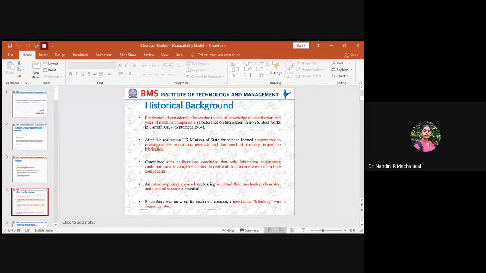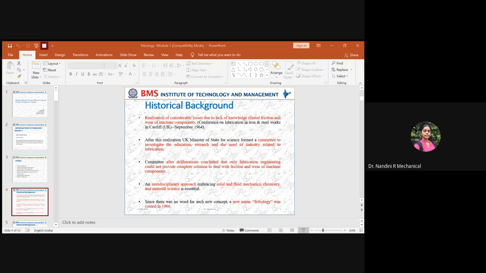What happens in the historical background, you should understand. Mainly, the origin of the historical background came into the picture in the era of 1964. They identified the losses that came from lack of knowledge related to friction and wear when machine components move.